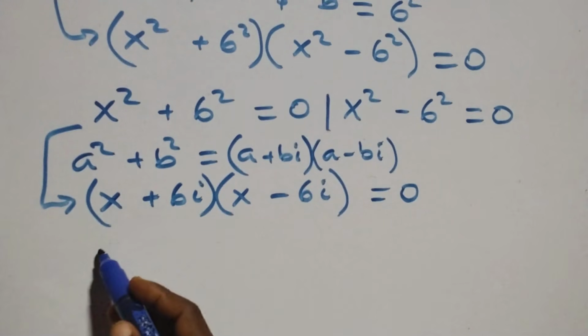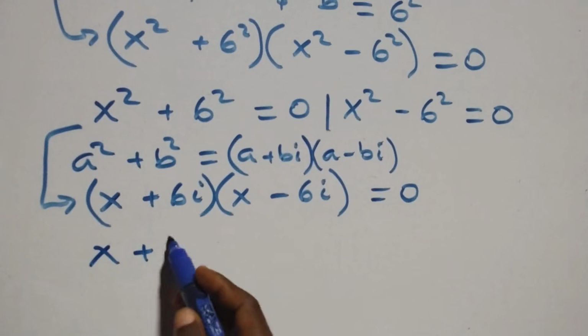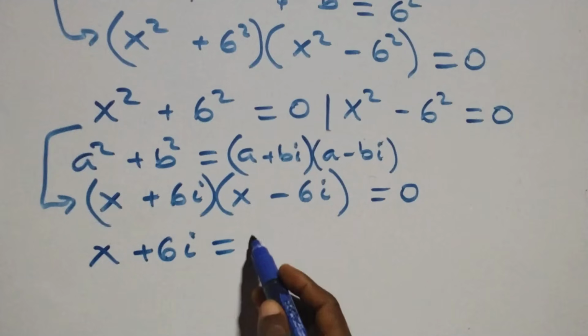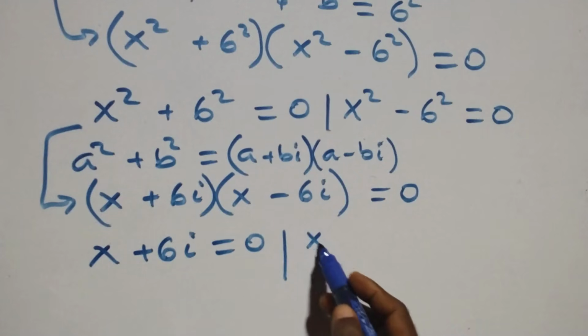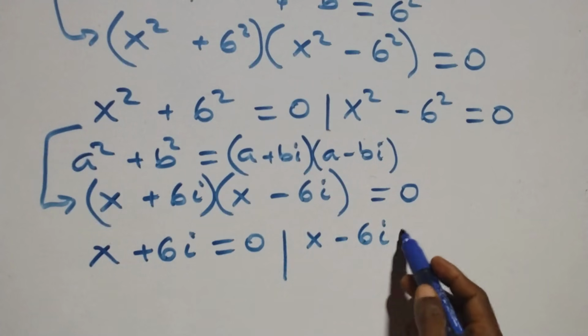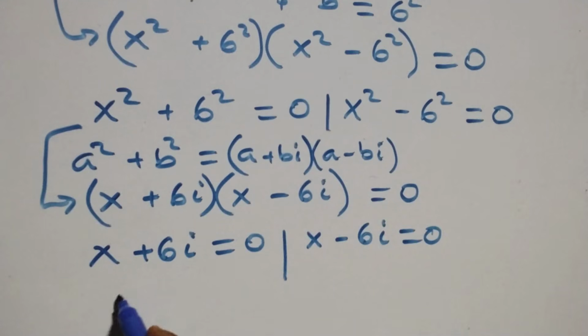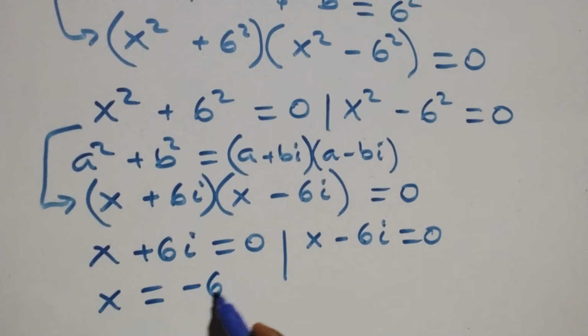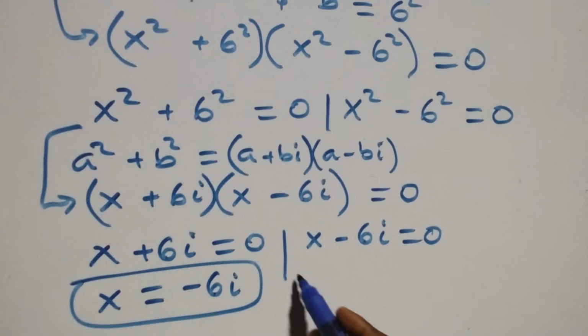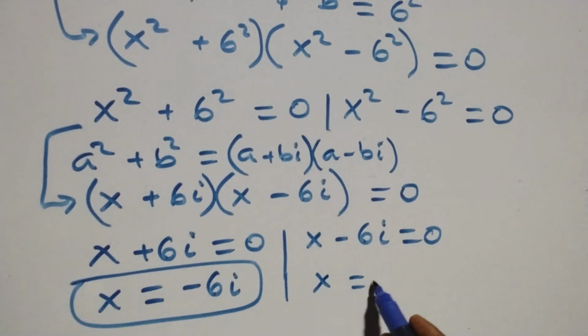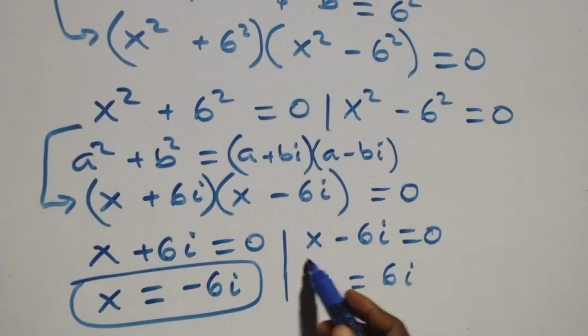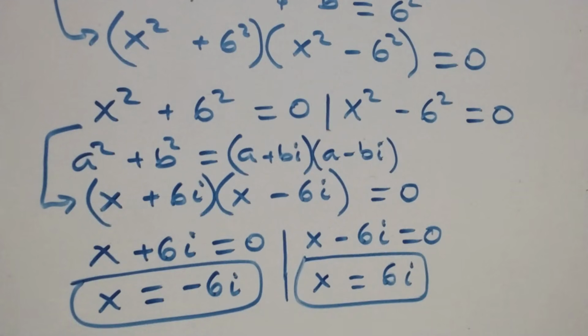Also, we have two possible cases, x plus 6i equals 0, or x minus 6i equals 0. That is, x equals minus 6i, which is a complex solution, and x equals 6i, which is also a complex solution.